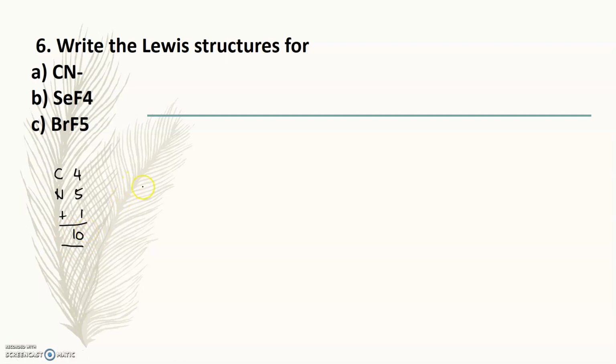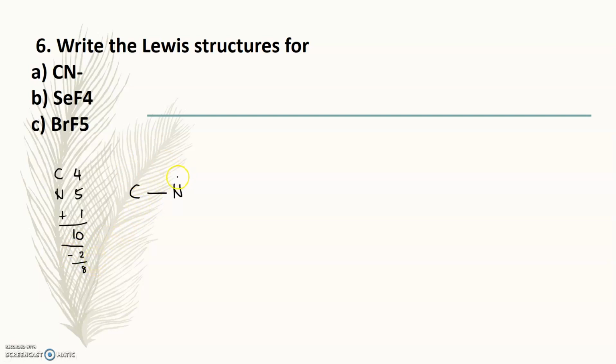Since it has 2 atoms only, we just put carbon and nitrogen here. Make the bond between carbon and nitrogen. So 10 minus bonded electrons 2, there are 8 non-bonding electrons left.